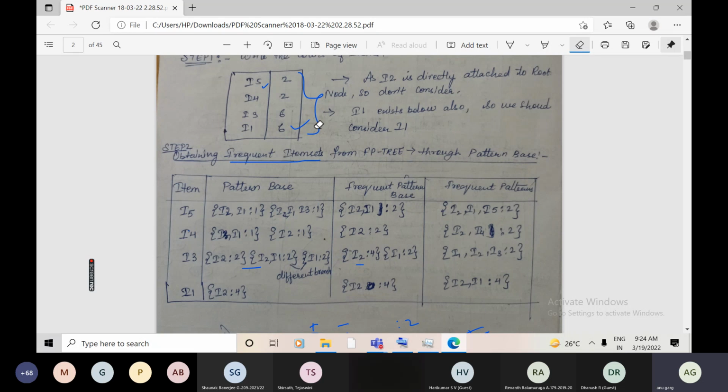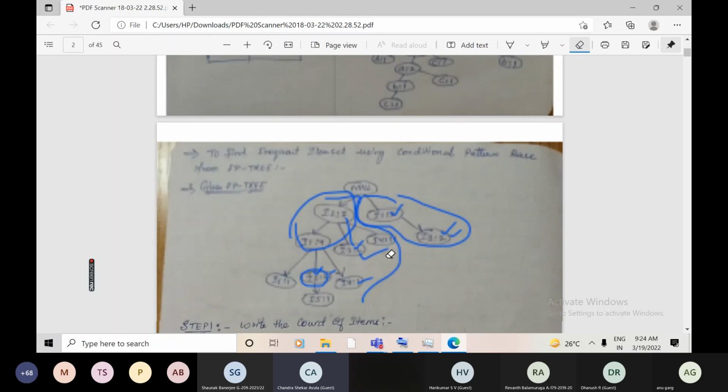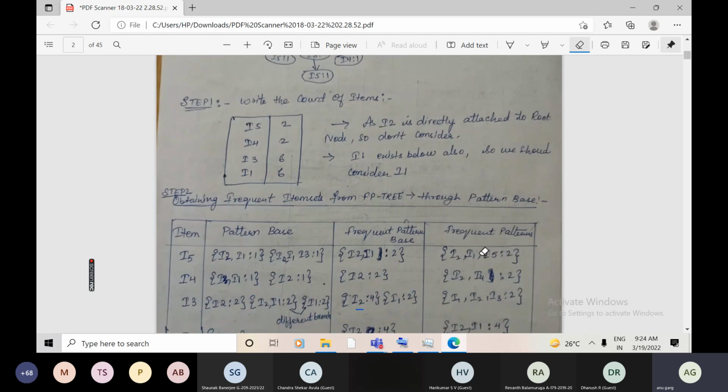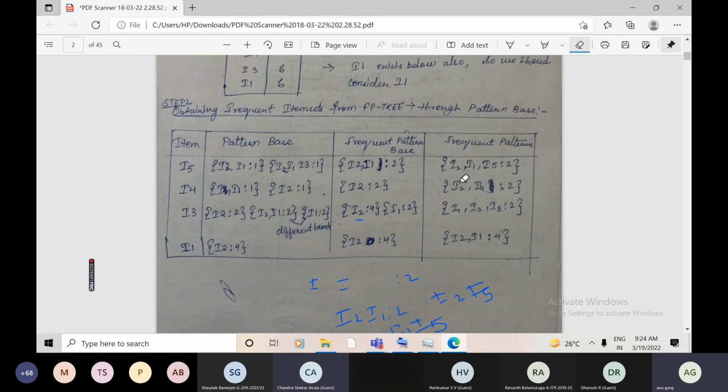I have a question. In the FP tree, I2 has the highest support, like in question 2, right? So why was that left out? We have not left it out, right? It is coming, I2. If you see in your frequent patterns, you have I2 everywhere, here, here, here.